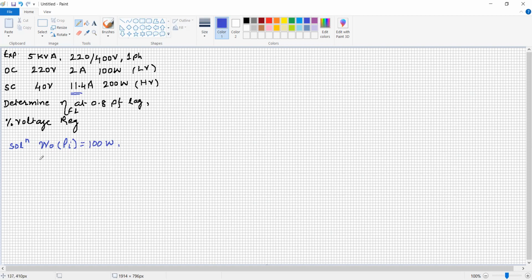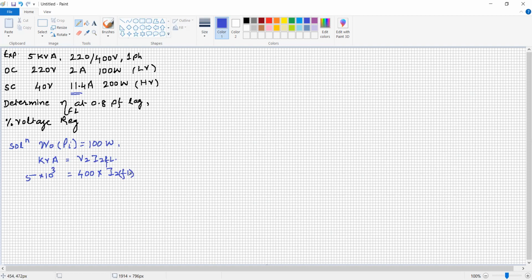So kVA is equal to V2 into I2 full load. This is the full load current. kVA is 5, into 10 raised to 3. Voltage is 400 multiplied by I2 full load.